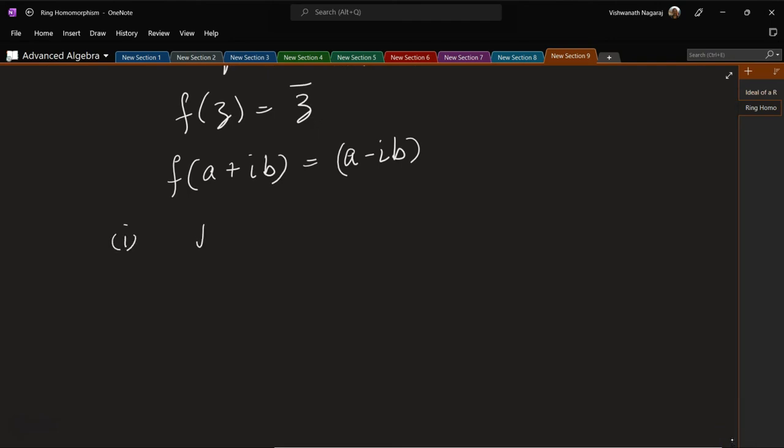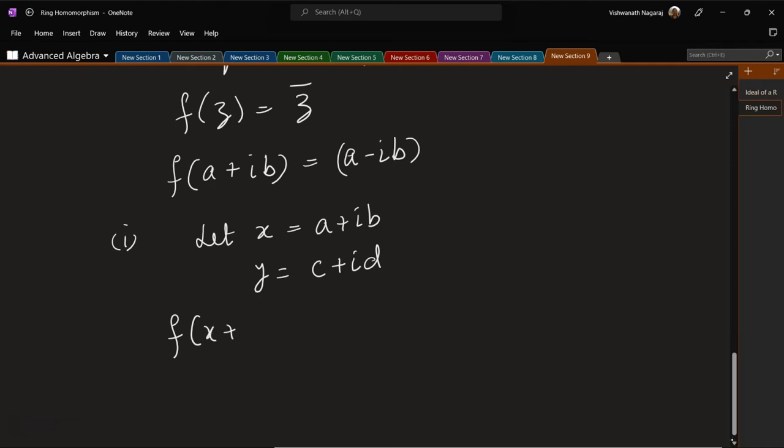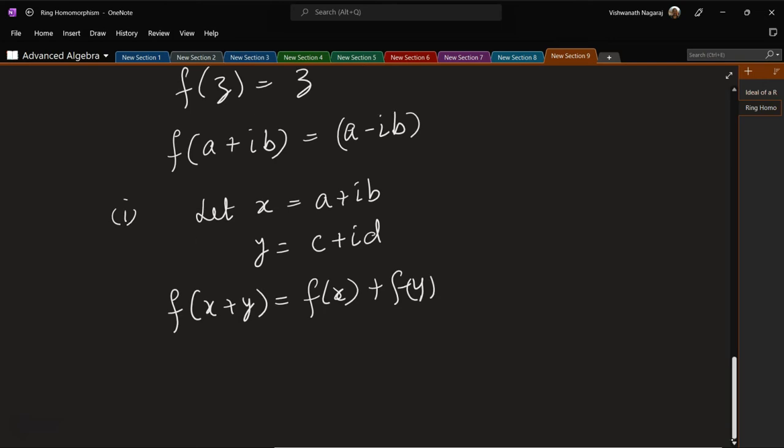First one, let's pick up two complex numbers. x is equal to a plus ib and y is equal to c plus id. Okay. Now the first condition says f of x plus y is equal to f of x plus f of y. So let's do the substitutions.